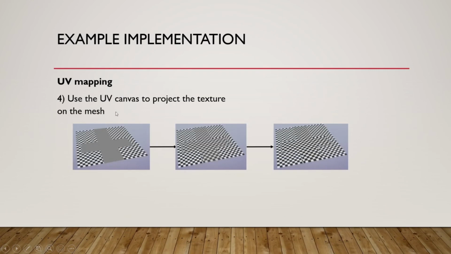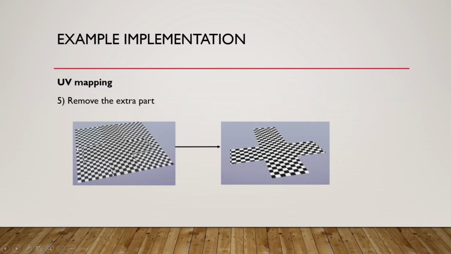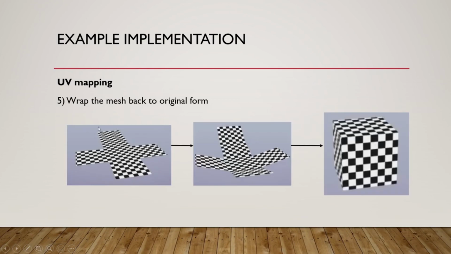Then we project the texture onto the mesh. Then we remove the extra, unnecessary part, the outer part here. And then we wrap the mesh back to the original form, and there we go. We produce a textured mesh.